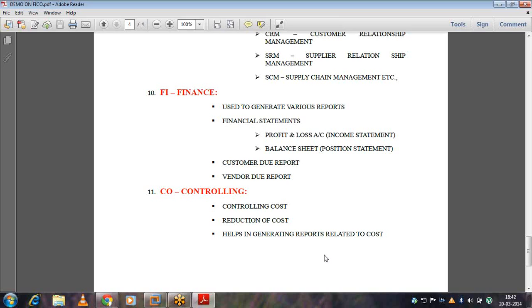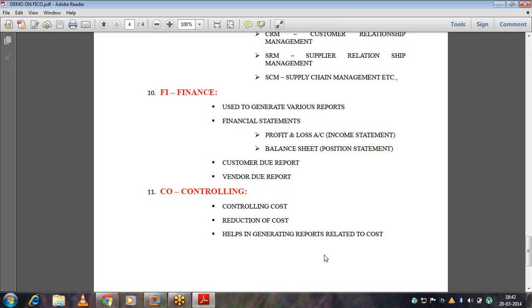Yes, reducing the cost is in the hands of the organization, but increasing the sales is not, because it depends on the market. It depends on the market conditions, supply and demand, right? So it depends on external factors, whereas reducing the cost is in the hands of the organization.